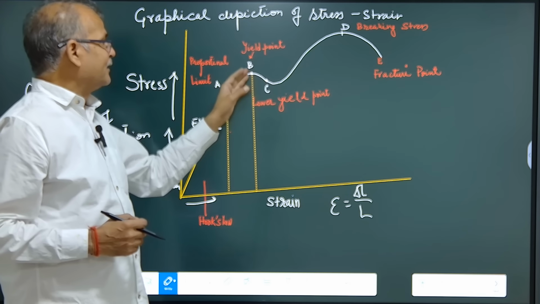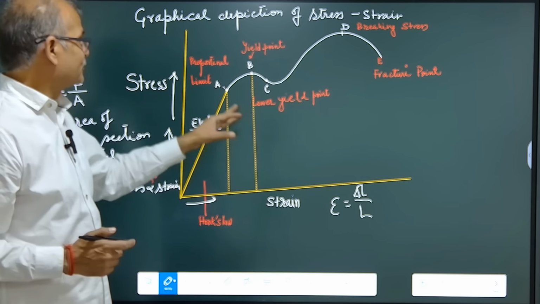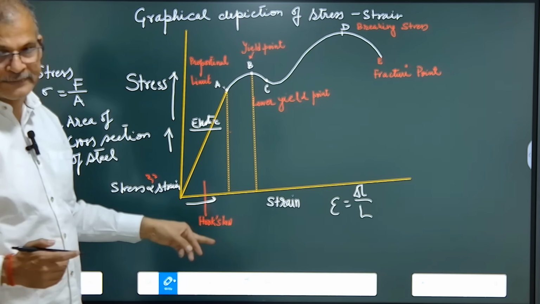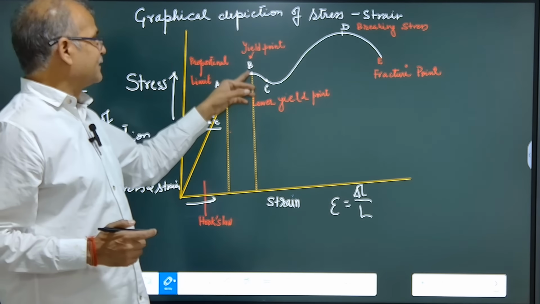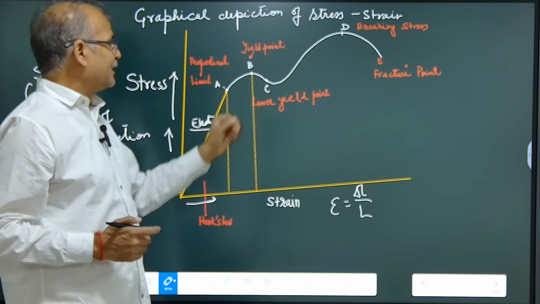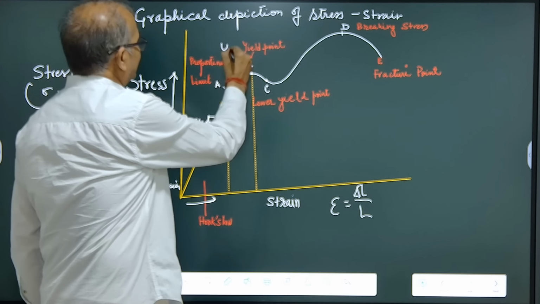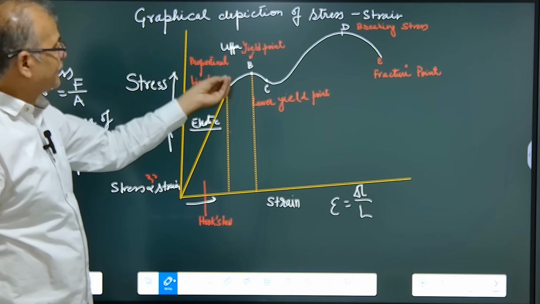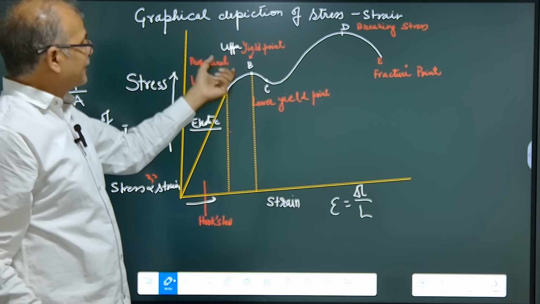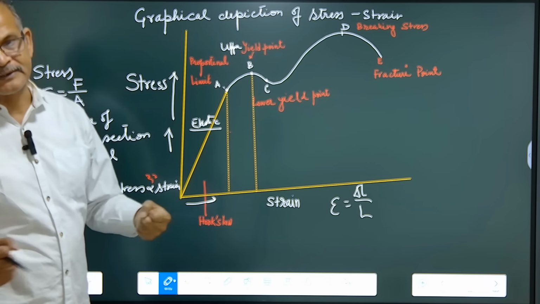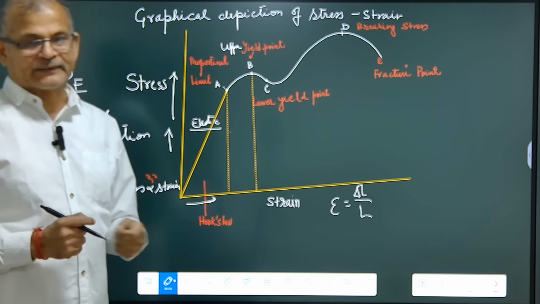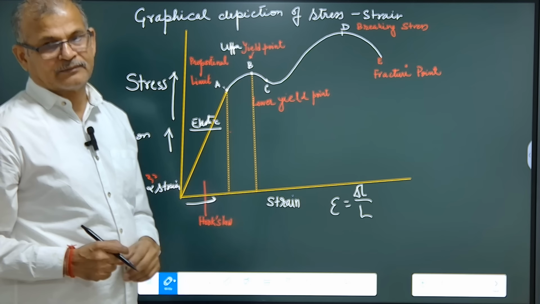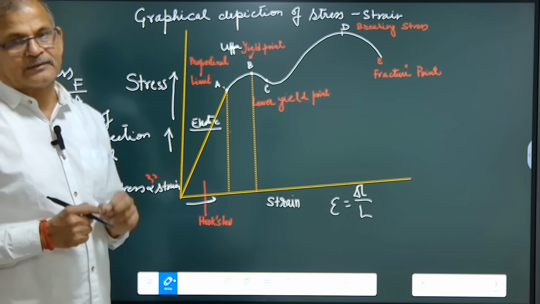After the yield point, permanent deformation occurs. The second point is B. There is an upper yield point and a lower yield point. We are not able to find the upper yield point because of a sudden change in the property, but between B and C we can find a small difference.